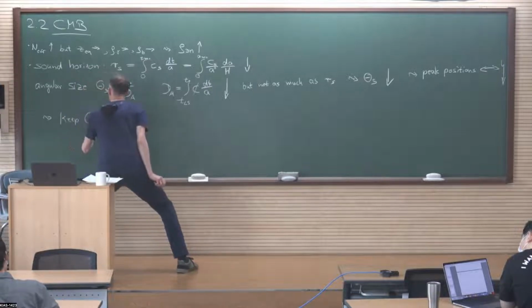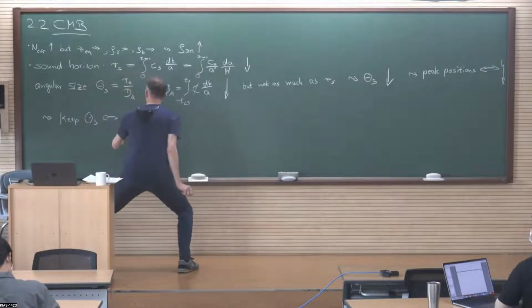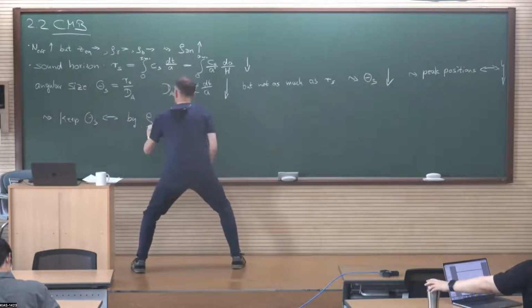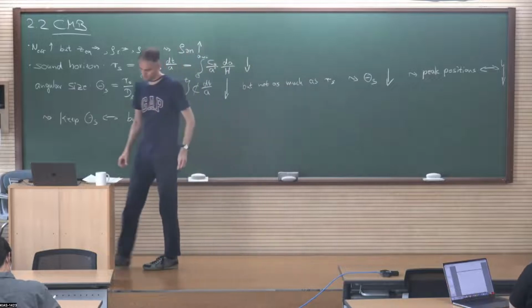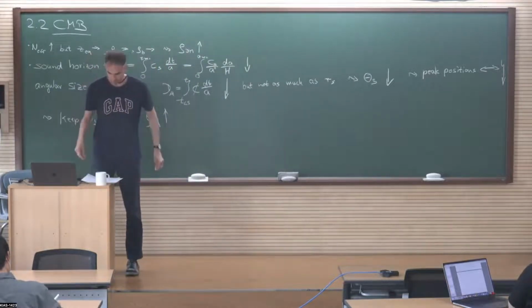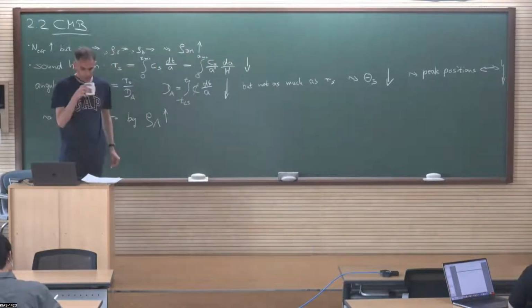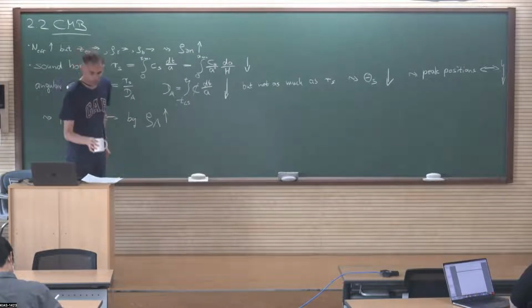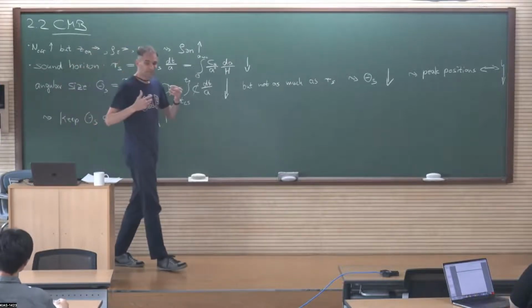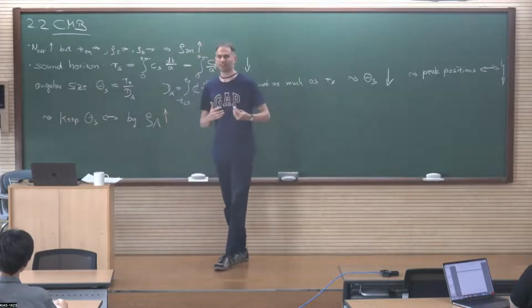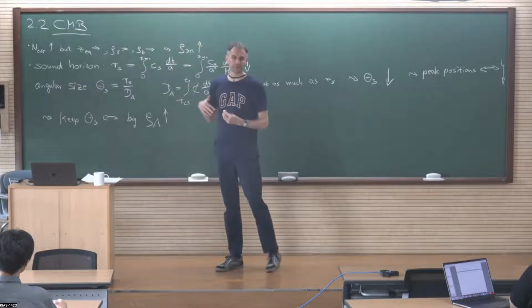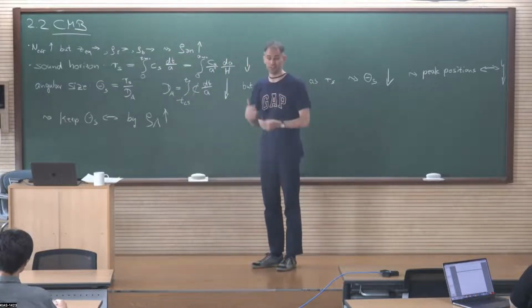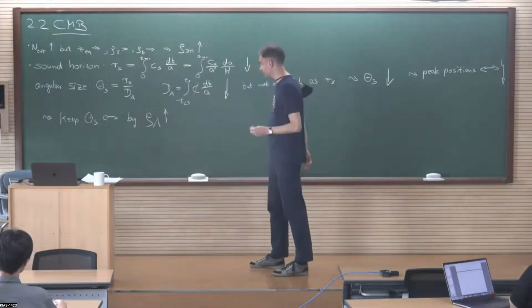So we want to keep theta constant by increasing dark energy. So bottom line is, if you add radiation energy density to the universe, you better add a bit of dark matter and dark energy as well, so kind of everything goes up, except baryons and photons.